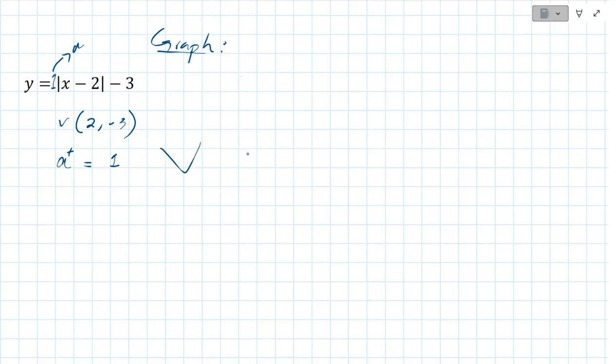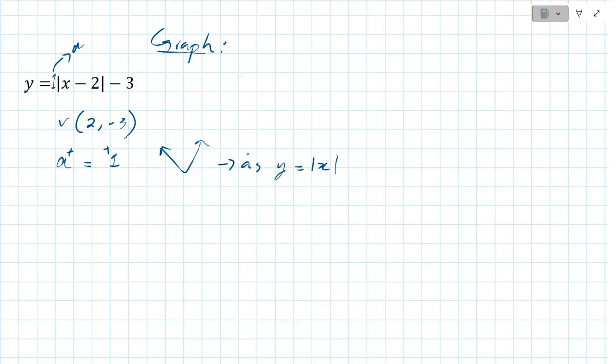First of all, it opens up because it's a positive value. The other thing is that because it is 1, it opens up the same way as y equals the absolute value of x. So it doesn't have any expansion or compression factor.